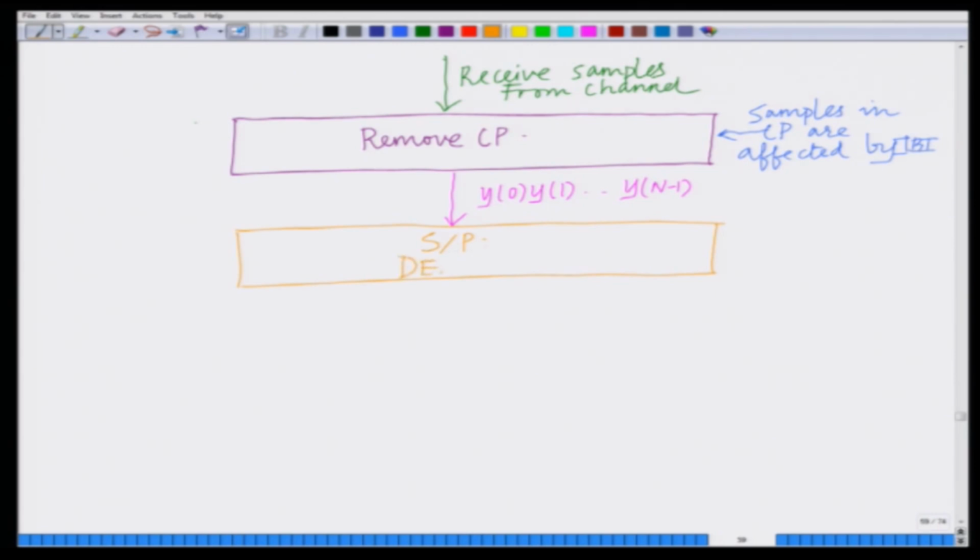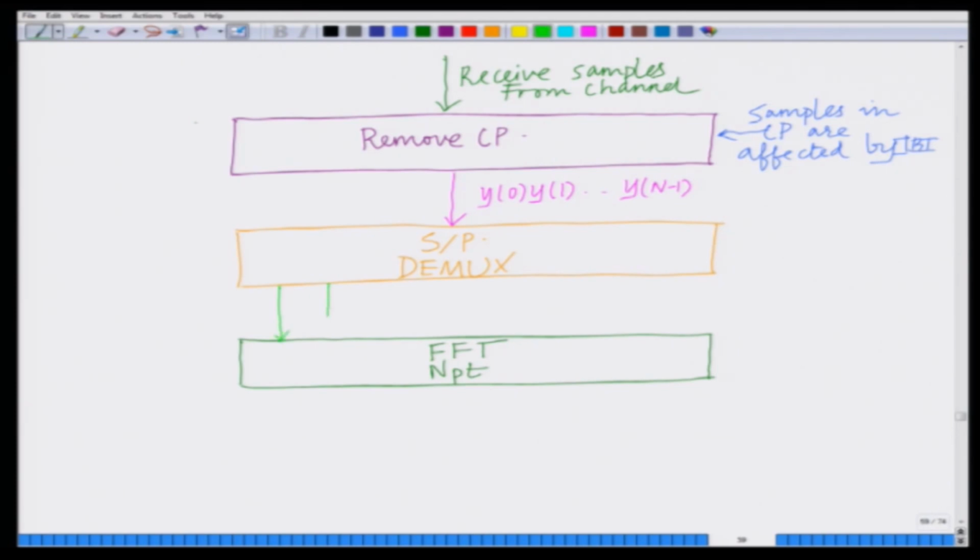This is also a demux, or demultiplexing, operation, and after the demultiplexing we perform the FFT operation at the receiver, which is an n-point FFT operation.